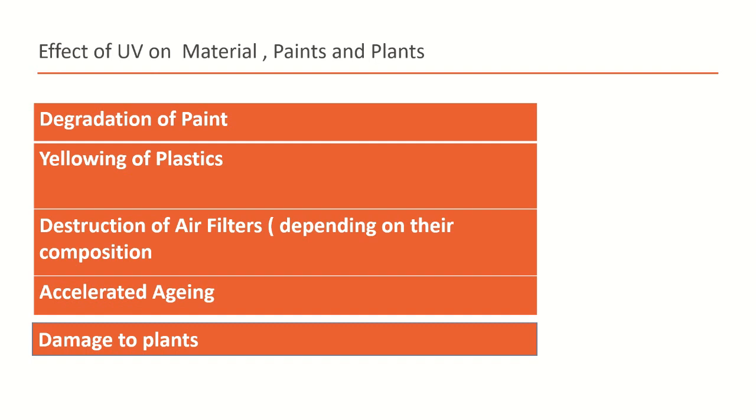Then you have the yellowing of plastics, where the plastics start turning yellow or age fast. When these plastics are exposed to continuous UV radiation, the upper layers of the plastic start becoming brittle and start giving off powder.